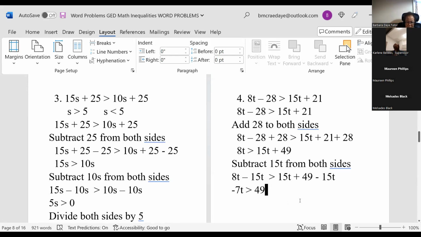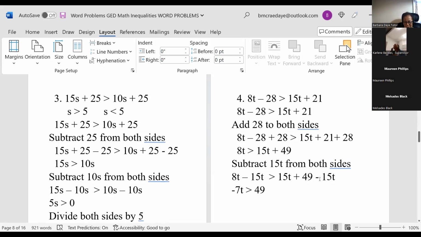So wait a minute, miss. Don't we have minus 15t on that side too? Oh yeah. So what's the problem, Mercedes? I misunderstood right there. We subtract 15t on both sides. Yeah, 15t minus 15t is 0. And so you just have 49 left, correct?